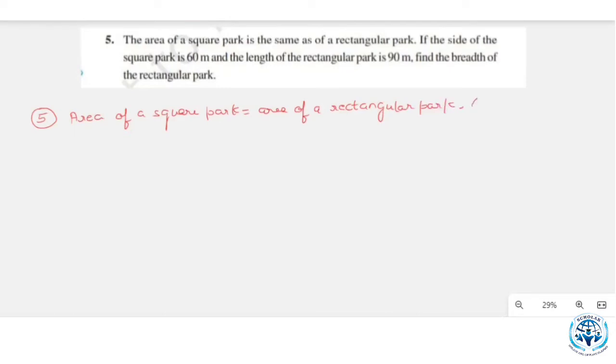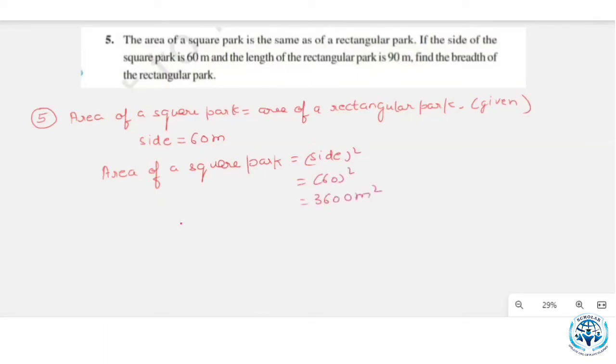If the side of the square park is given, we can easily find out the area of the square park, because area is side square. So 60 into 60 will be the area of the square park, and it is equal to the area of a rectangular park. That means 3600 meter square. So it is also the area of the rectangular park.